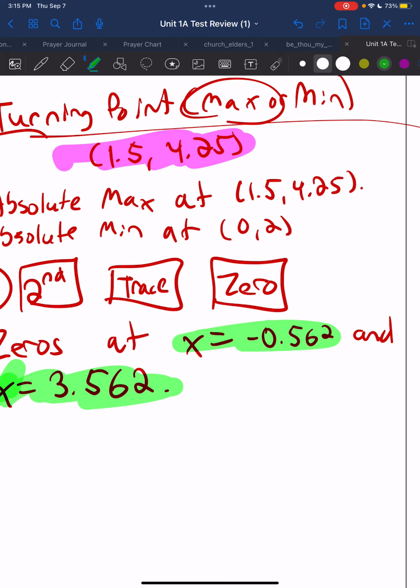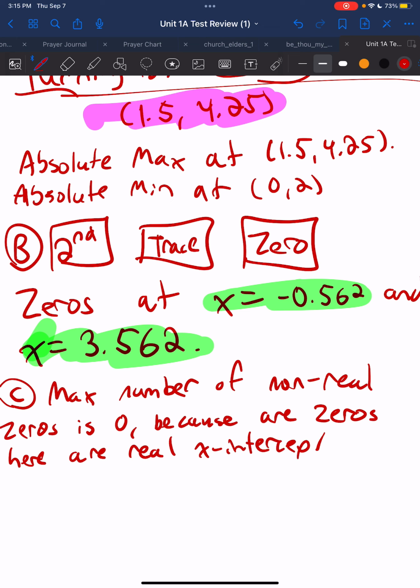Well, the max number of non-real zeros is 0, because all zeros here are real x-intercepts.